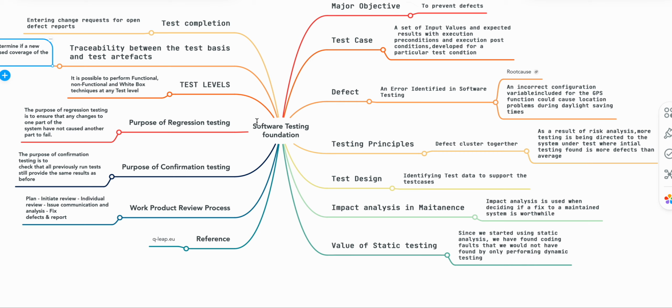The major points here are about the major objective, test case, defect, testing principles, test design, impact analysis in maintenance, value of static testing, test completion, traceability between the test basis and test artifacts, test levels, purpose of regression testing, purpose of confirmation testing, work product review process, and the reference is taken from q-leap.eu.